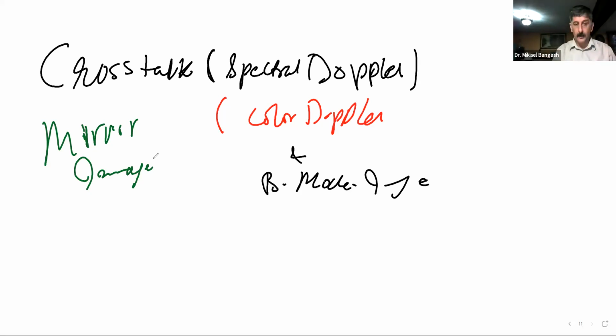Okay. Now, ladies, just to get into what crosstalk is, let's briefly mention what we mean by mirror image. We'll record crosstalk in spectral Doppler as a mirror image, in color Doppler, and even in a color image or a regular black and white image.